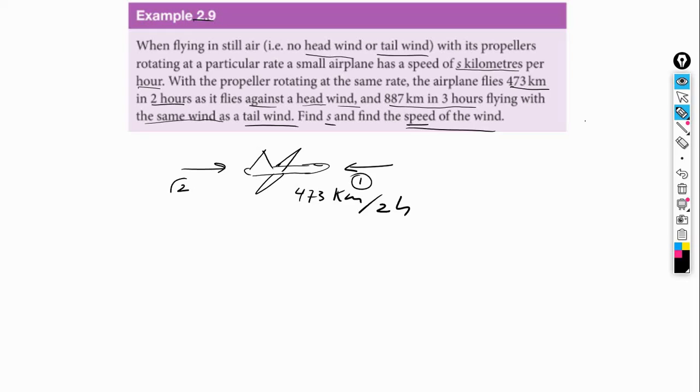Case 2 is that it flies 887 kilometers in 3 hours when the wind is a tailwind. Okay, so obviously we're seeing systems of equations, so we have to somehow solve for S, which is the speed of the airplane, and they also want us to find the speed of the wind, which we're going to call W. So how do we do this?